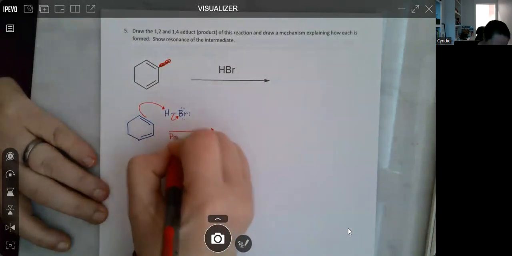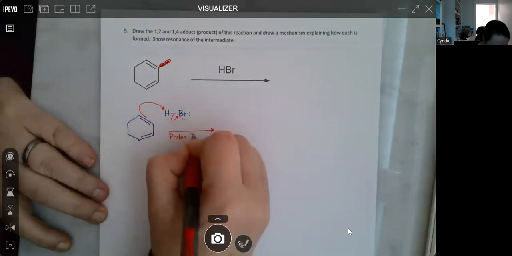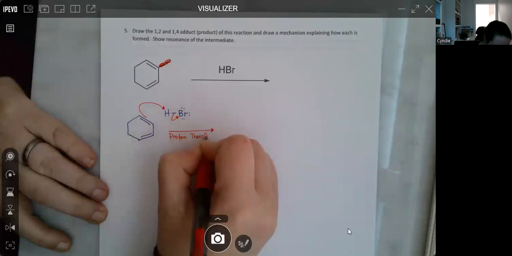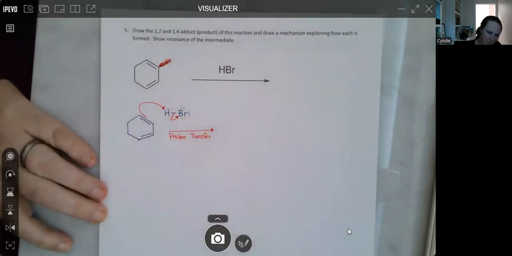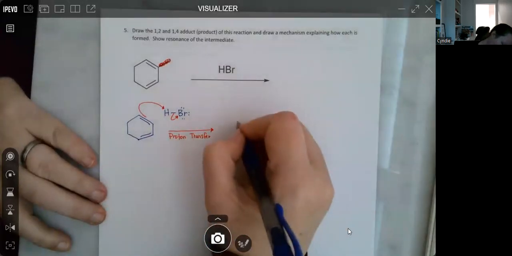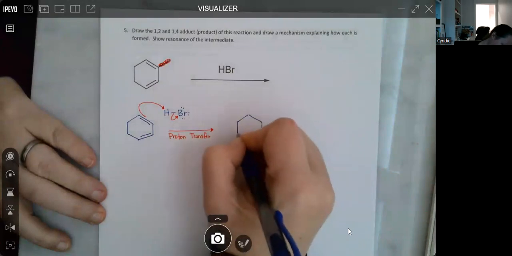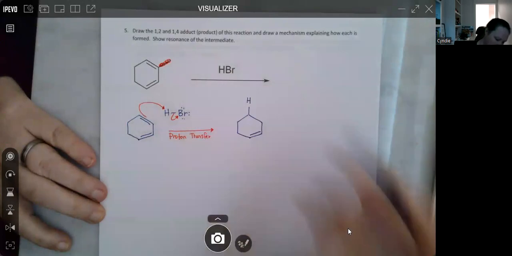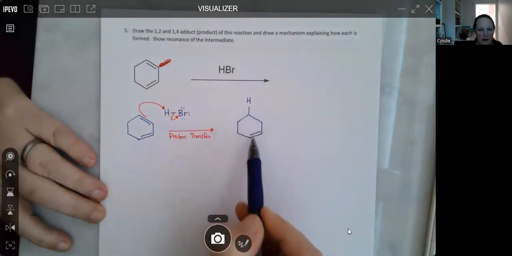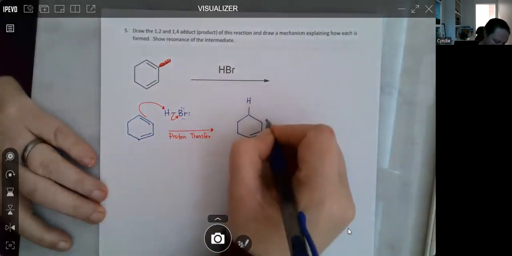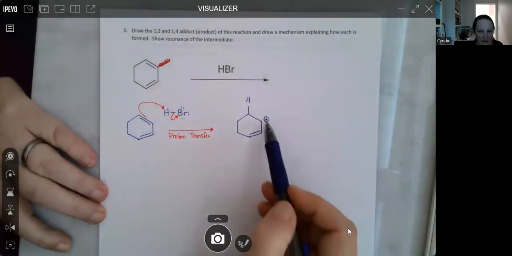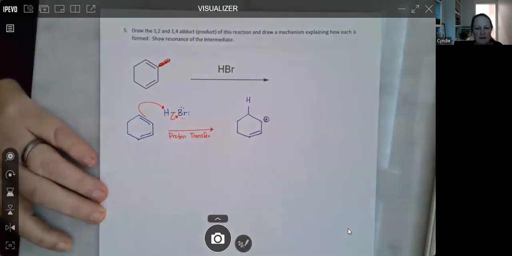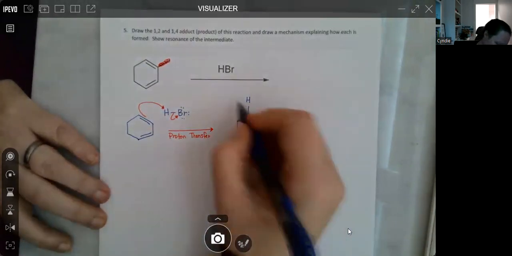So this is a proton transfer step. And then remember that we are always going to put the proton on one of the terminal carbons, so that leaves us with an allylic, resonance-stabilized carbocation intermediate.